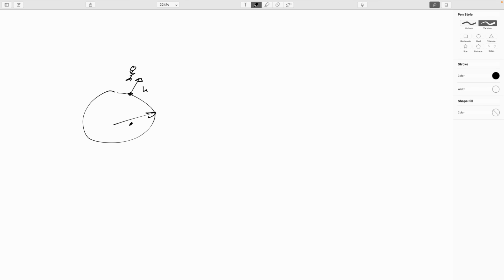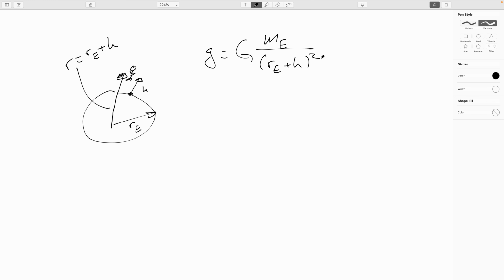So again, this is the radius of the Earth. That's going to make this radius here, between the middle of me and the middle of the Earth, r equal to the radius of the Earth plus h. So then g will now be equal to big G times the mass of the Earth over the radius of the Earth plus h squared.